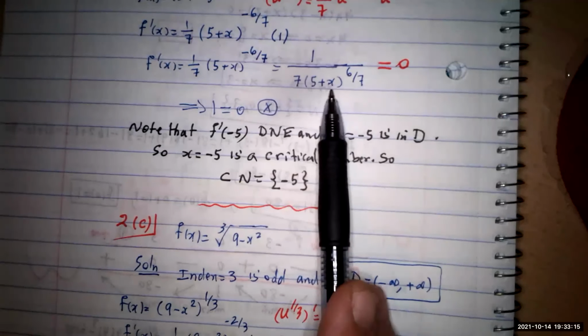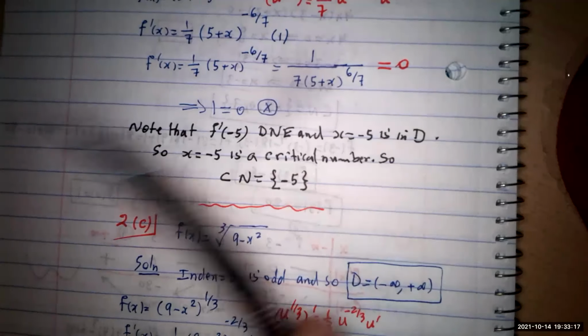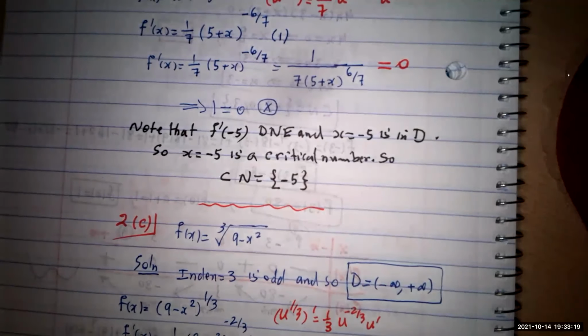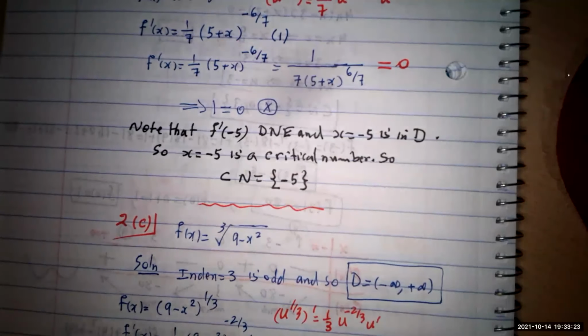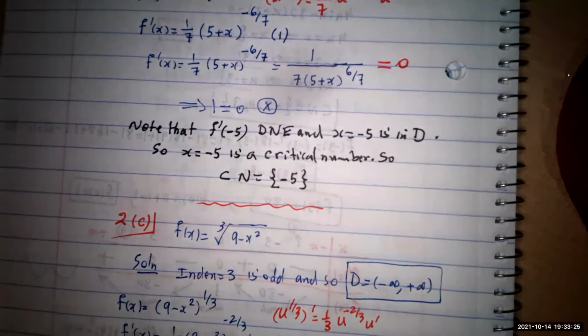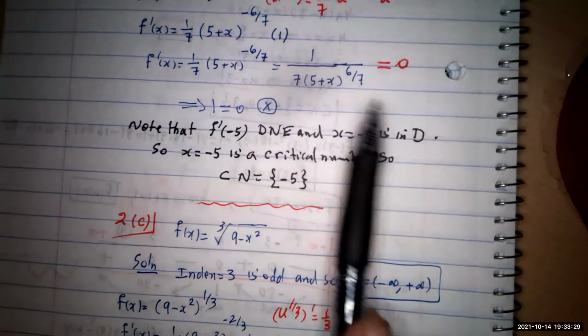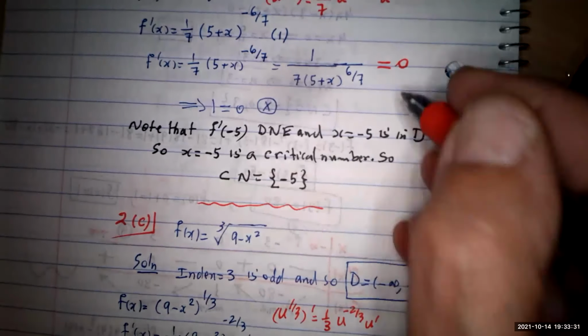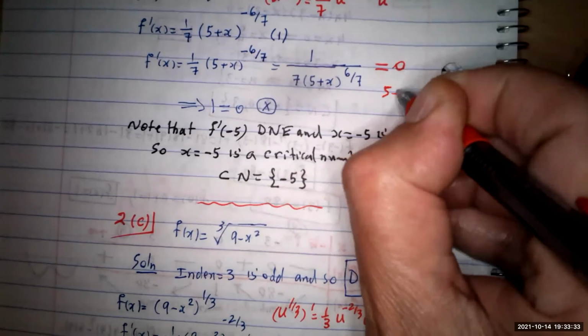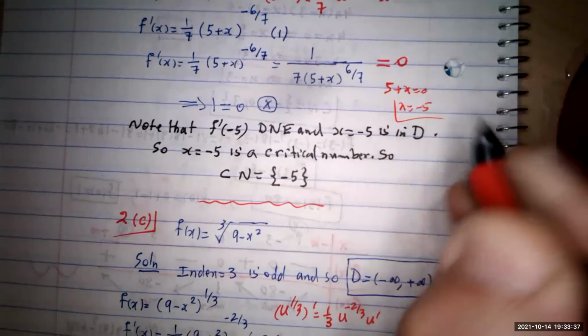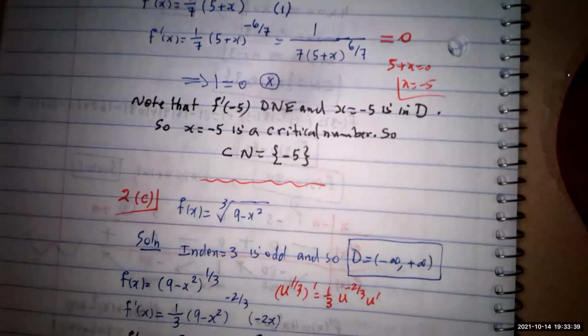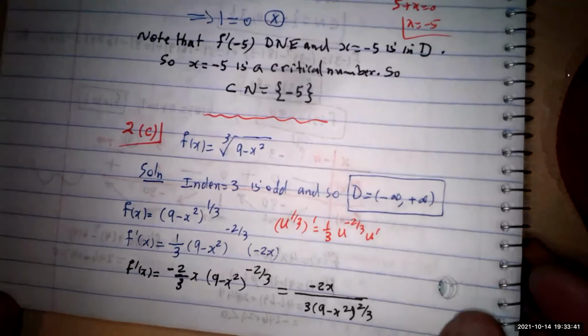If you let 5 plus x equal to 0, x would be -5. Remember the rational function? The rational function is going to be undefined when the denominator is 0. This denominator, you have 5 plus x equal to 0, x would be -5. We're going to do it again over here in a minute. Okay, any question?